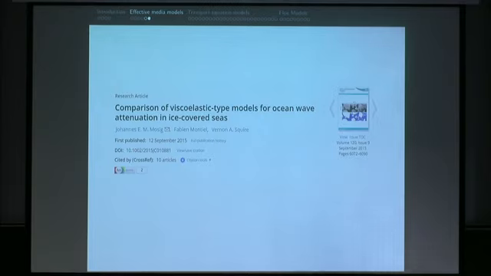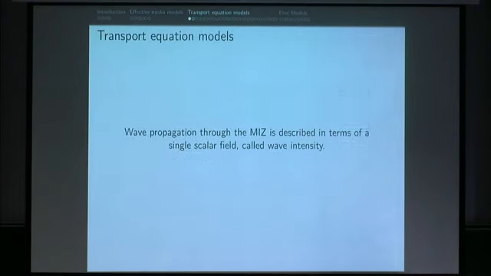So that's where I think these kinds of models will go, because he uses a homogenization method where you can look at ice floe size distribution and shape distribution, and derive these parameters from satellite observation, basically.